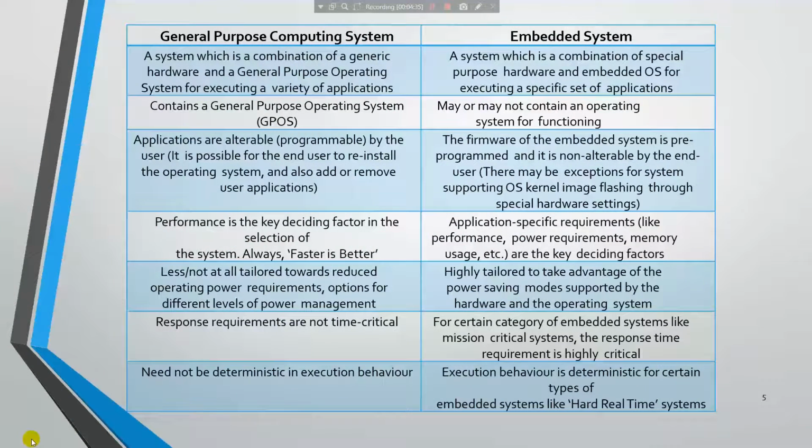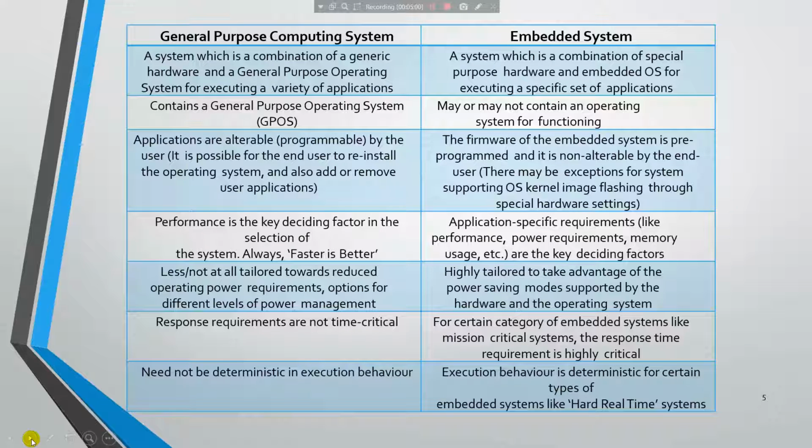So here are a few of the differences between a general purpose computing system and an embedded system. You can see here, a general purpose computing system is a combination of generic hardware and a general purpose OS for executing a variety of applications. If I want to run some software, I can.